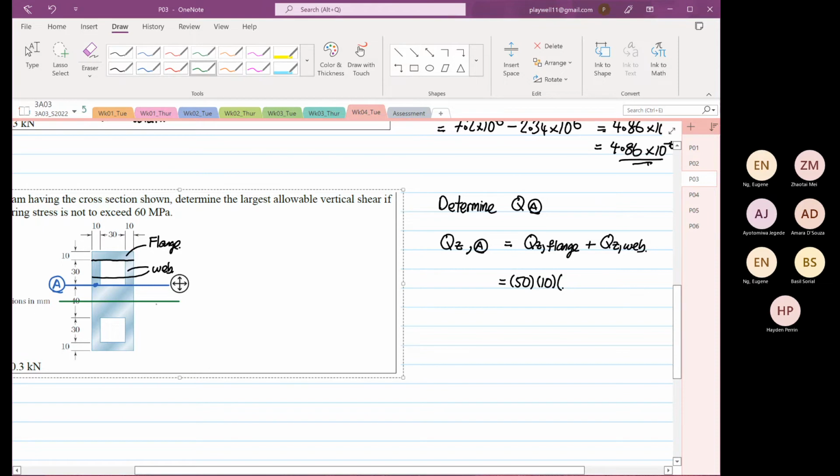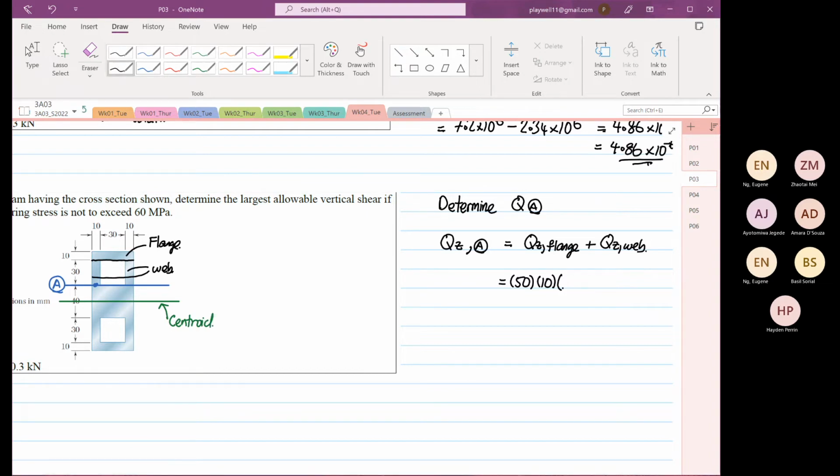So the y bar is 20 plus 30 plus 10 is 60, minus 10 divided by 2. Okay, that is for the flange.